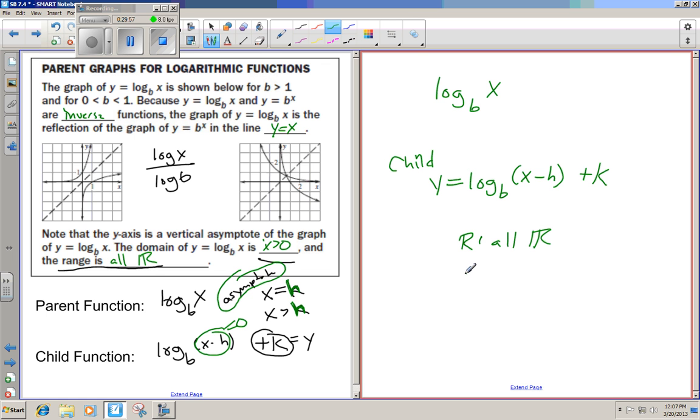The asymptote, instead of being y equals, is x equals, and it's what makes this right here equal to 0. Well, that would be h. So x equals h is the asymptote, and that means the domain is x greater than h.